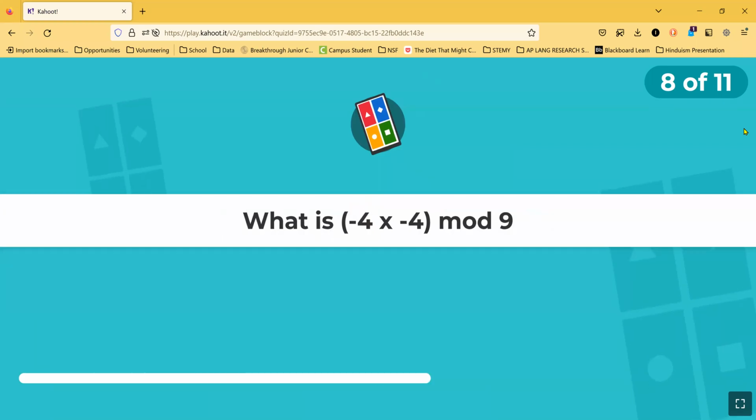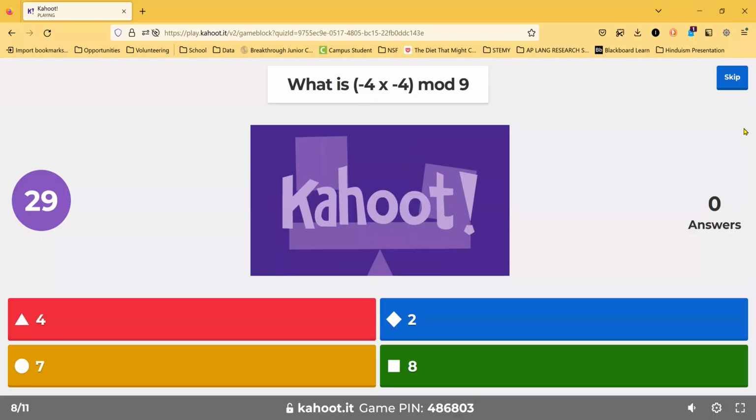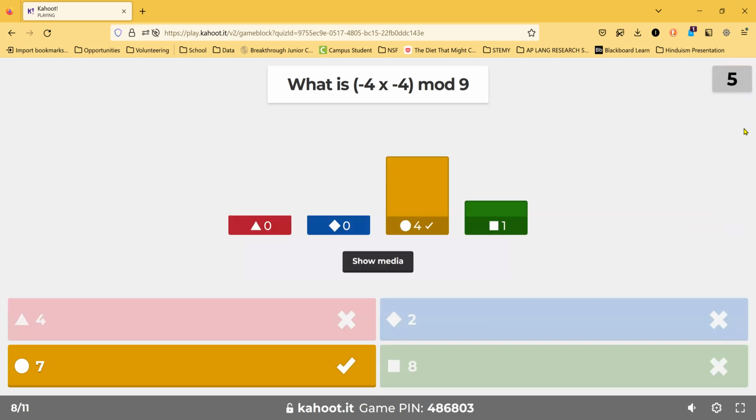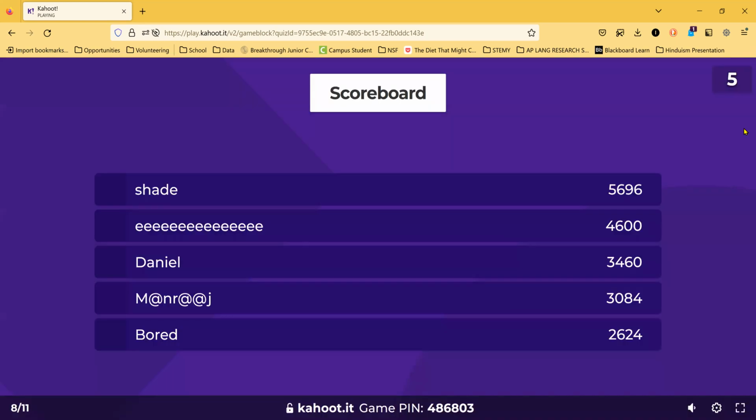What is -4 times -4 mod 9? The answer is 7 because -4 times -4 is 16, and 16 mod 9 is 7.